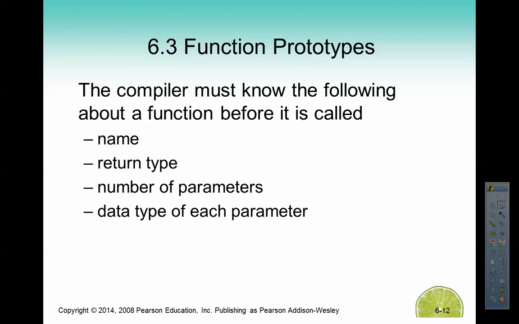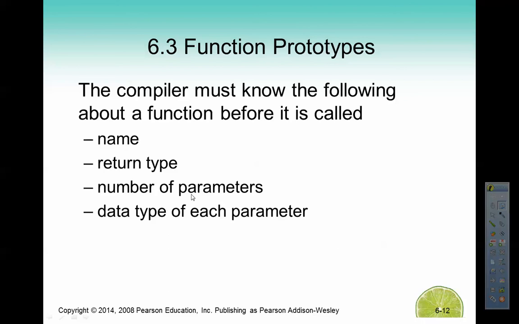So we're going to be giving to the compiler a prototype of the function that Ivan is going to be creating. I'm going to give a prototype of the function that Roque is going to be creating, and I'm going to give a prototype of the function that Juan is going to be creating. So that model has to have the following. It has to have a name, it has to have a return type, it has to have the number of parameters, if there are any.